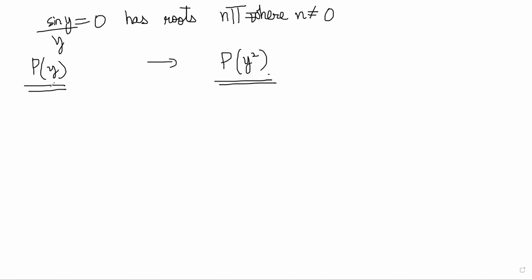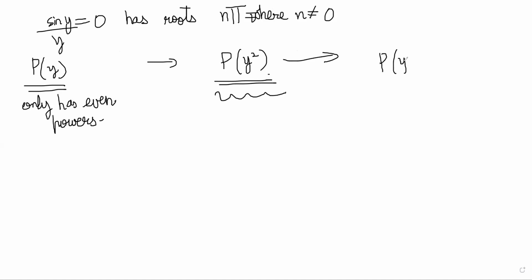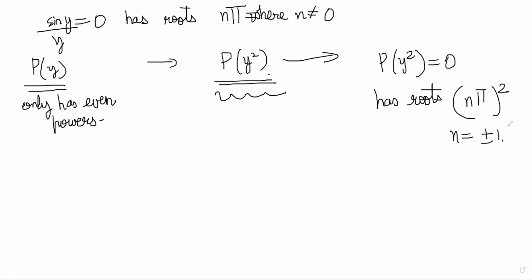Because it only has even powers, right? So we can write that p of y square equal to 0 has roots n pi whole square, where n can be plus minus 1, plus minus 2 and so on, correct?